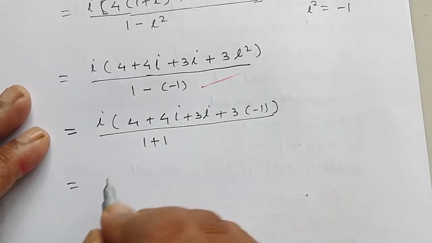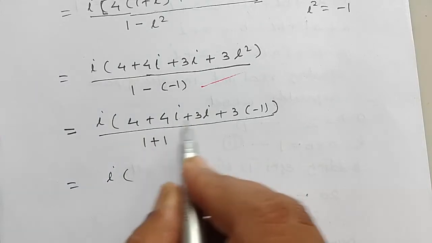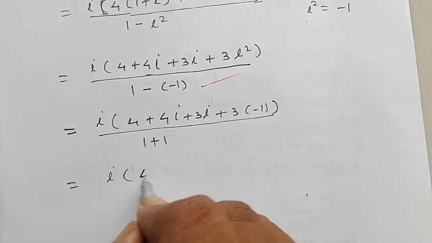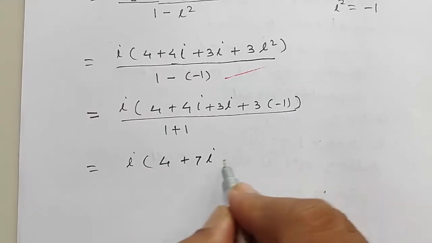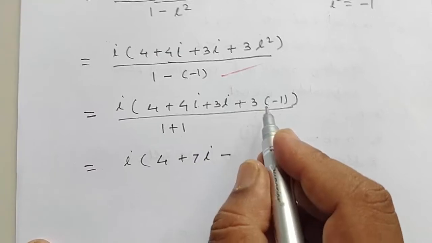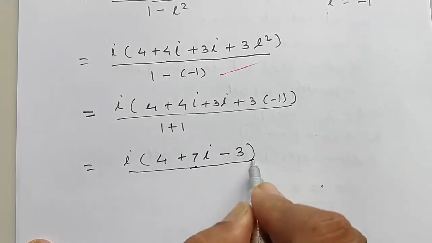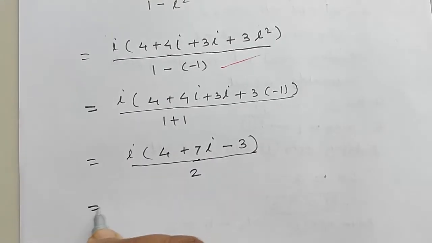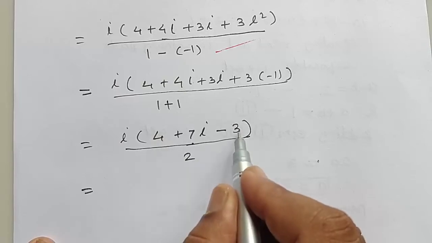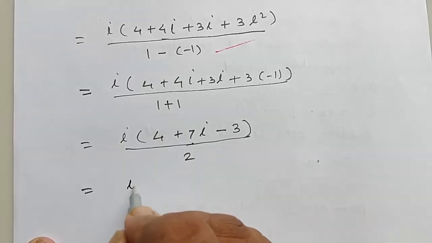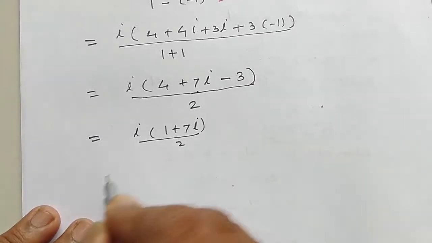This is equal to i into 4i plus 3i becomes 7i. 3 into minus 1, that is minus 3, divided by 2. 1 plus 1 is 2, is equal to 4 minus 3, that is 1, i into (1 plus 7i) divided by 2.